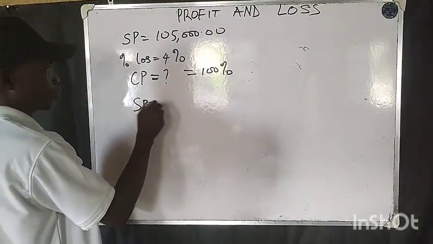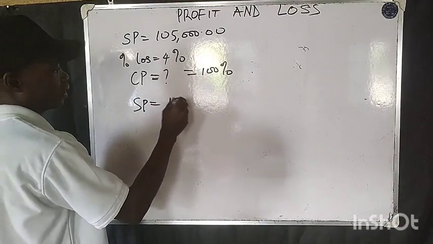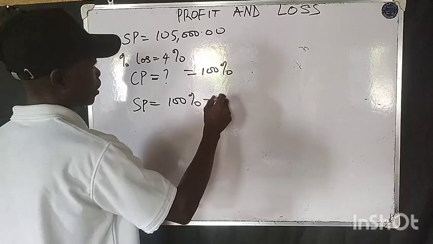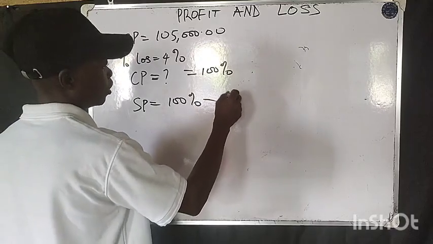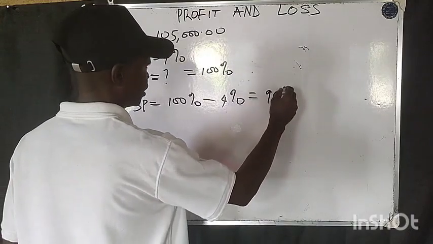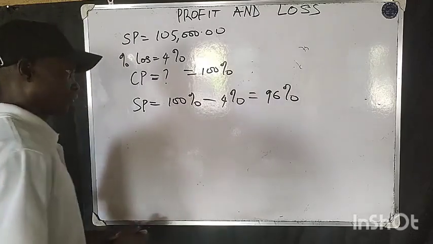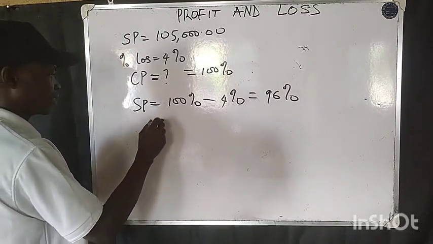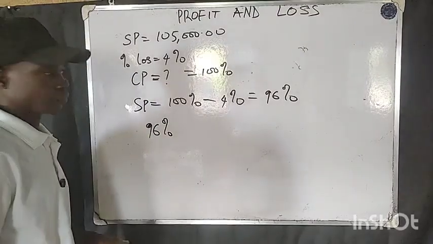Selling price is going to be 100% minus 4%, and that will give us 96%.